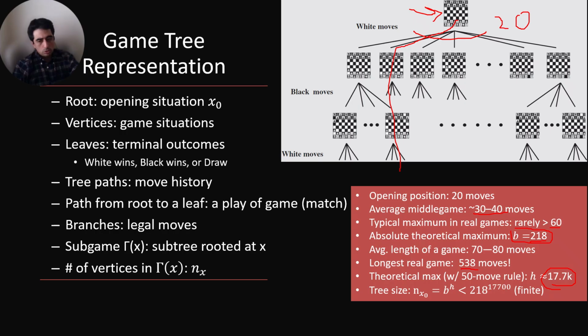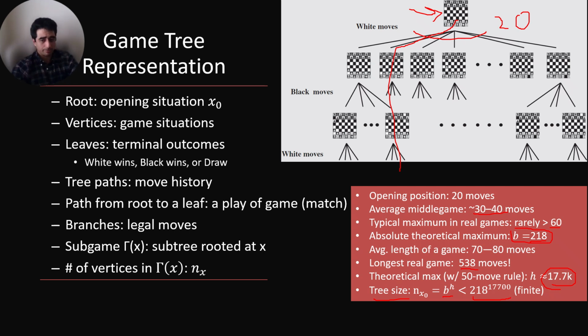So you will have a tree of a size that is unimaginable, super large. The size of the tree would be b to the power of h, which is less than this number, 218 to the power of 17,700. That's the upper bound.